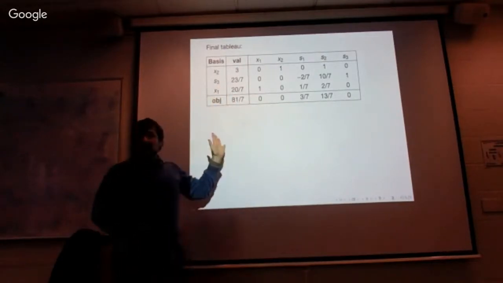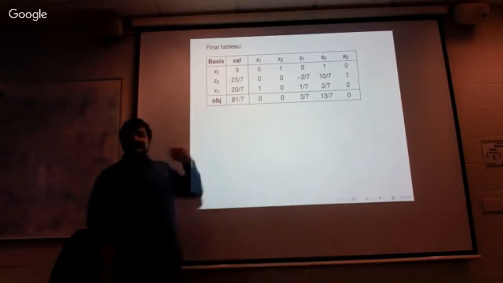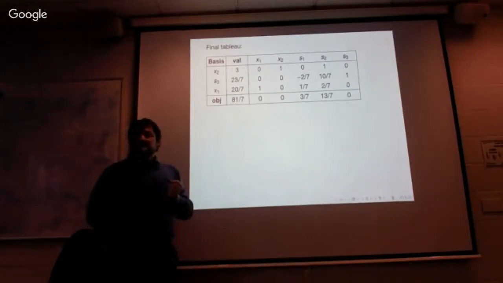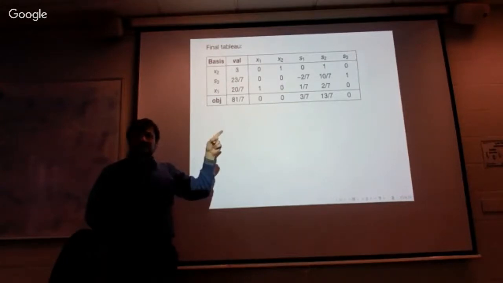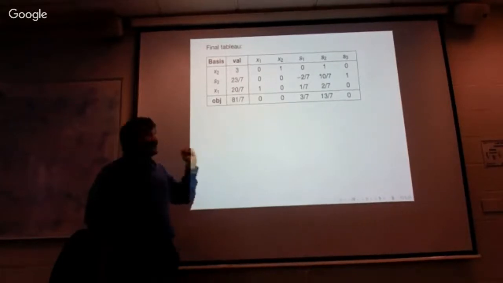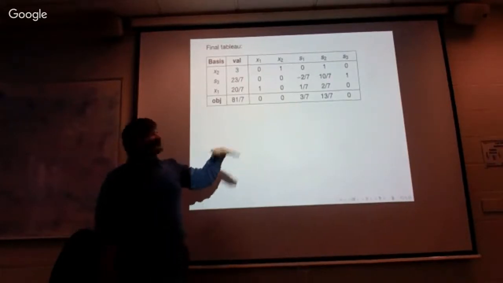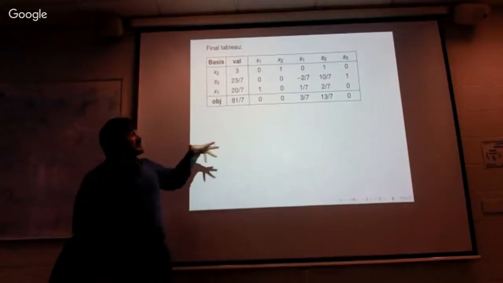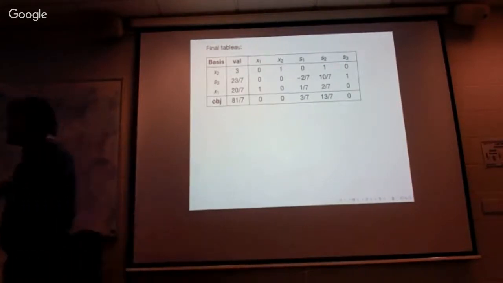So that's bad. But what is each row in a simplex tableau? A linear equation. And it's a linear equation which, moreover, is a sort of linear combination of the constraints that we started with.